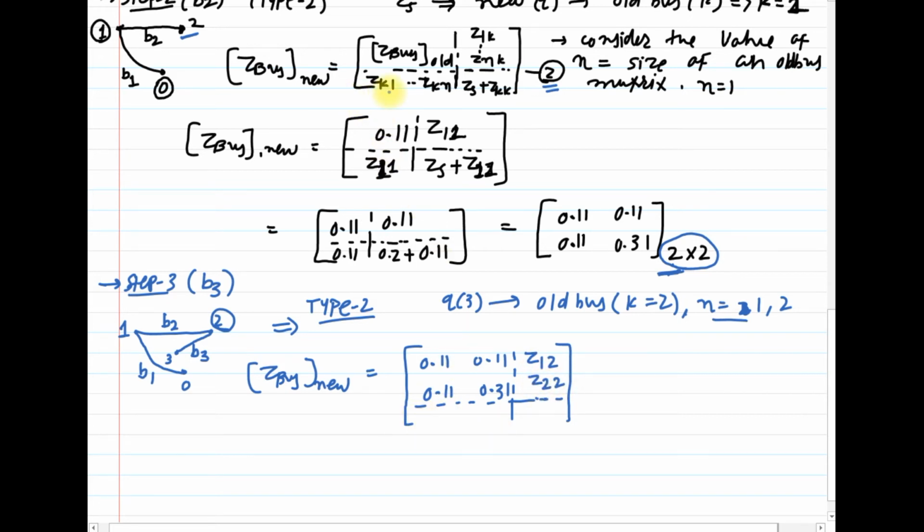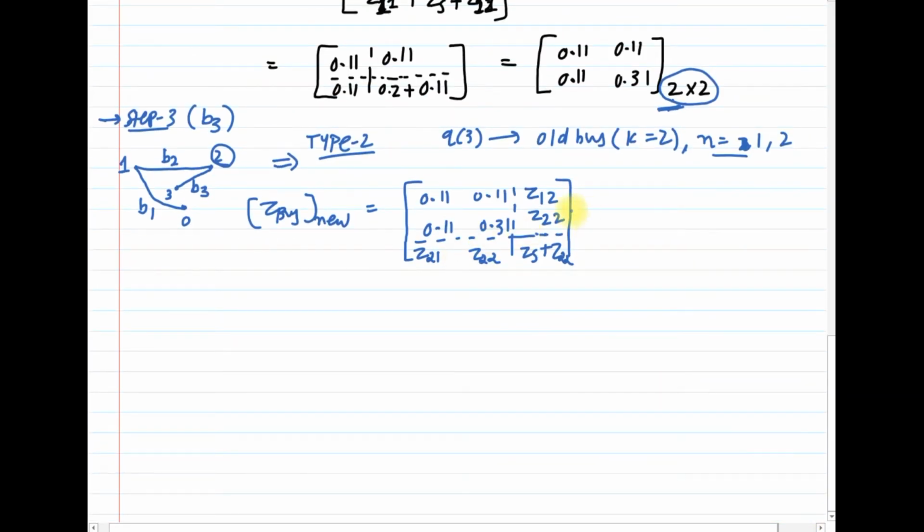Same way over here, k is equal to 2, that means Z21 and Z22. And the final diagonal element is Zs plus Zkk, where k is equal to 2, meaning Z22. Clear? So I will substitute the value of each and every parameter from this old matrix.